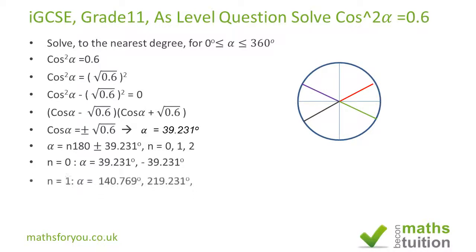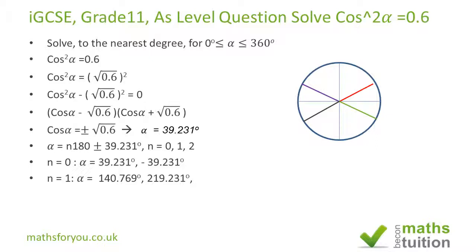Right, so if n is 1, we can then do 180 minus 39.231 degrees, and that gives us 140.769. So if we do 180 minus that, yep, so that angle becomes 140.769, all of that, measuring anti-clockwise from this reference line here.